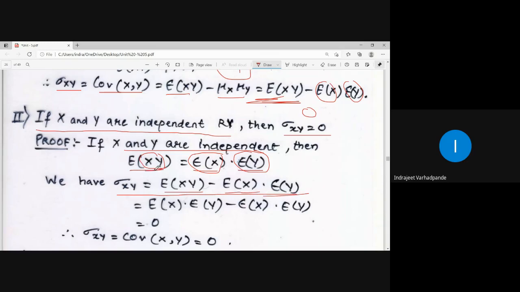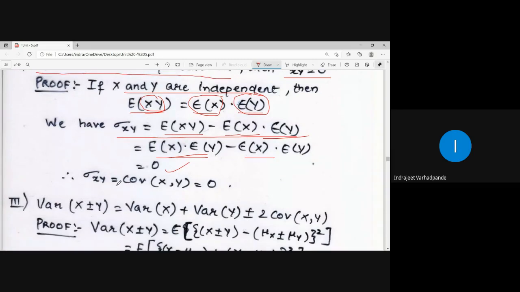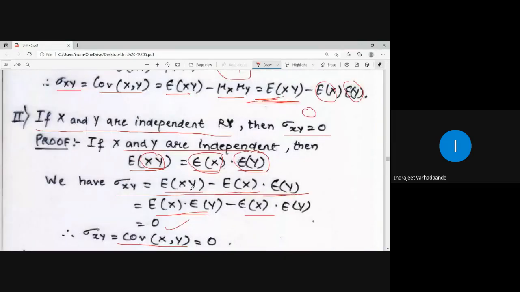But this is equal to this when they are independent. So for x and y as independent random variables, this minus this is going to give you answer as 0. And I say that covariance of xy is equal to 0. So if x and y are independent, covariance of xy is 0.